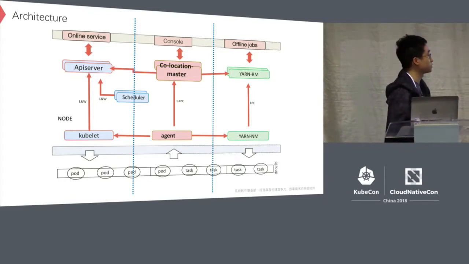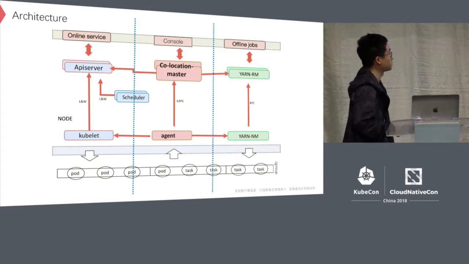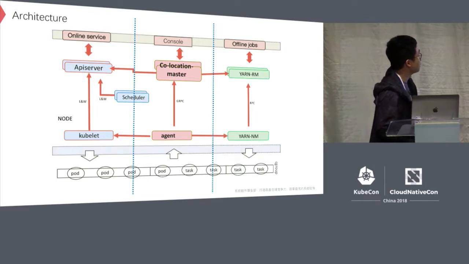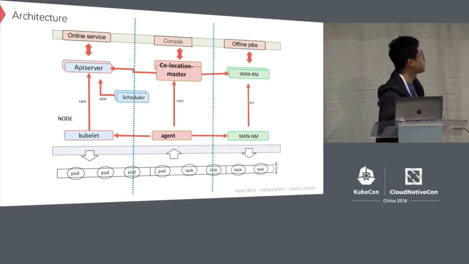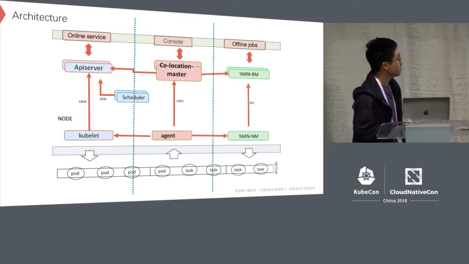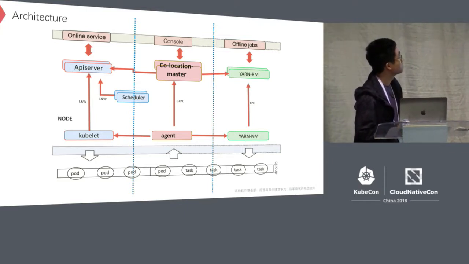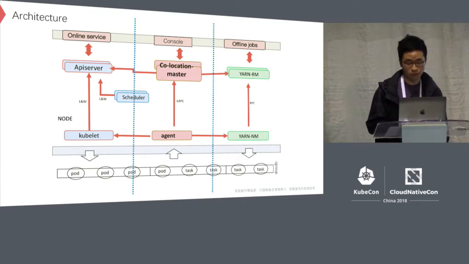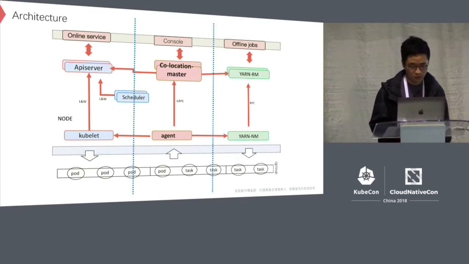So what I'm talking about may be different from what you have seen. From the left is standard Kubernetes, and on the right is standard YARN, the cluster. In the middle is the cluster master and agent, and also the consoles that we developed targeting the hybrid.